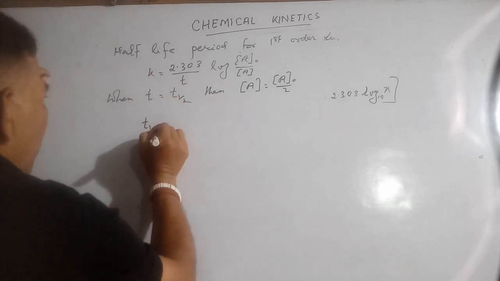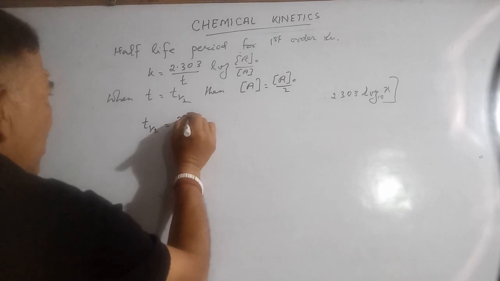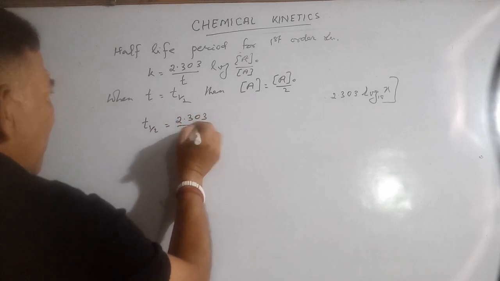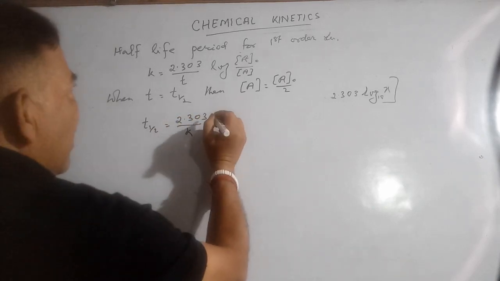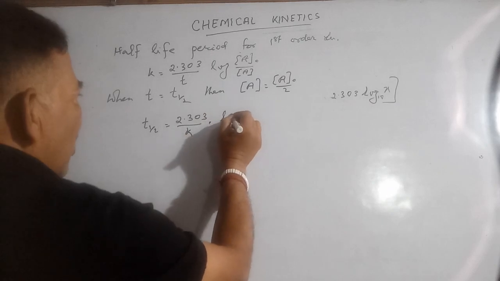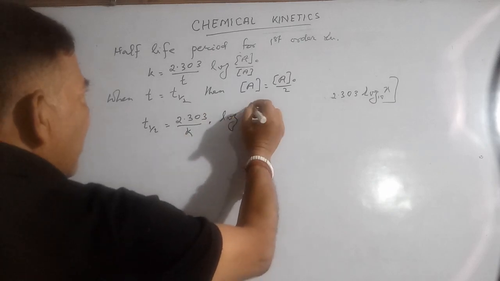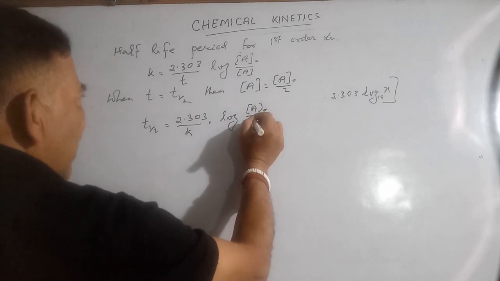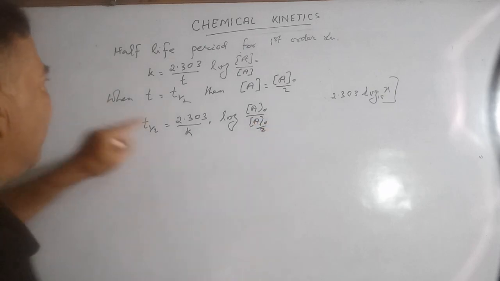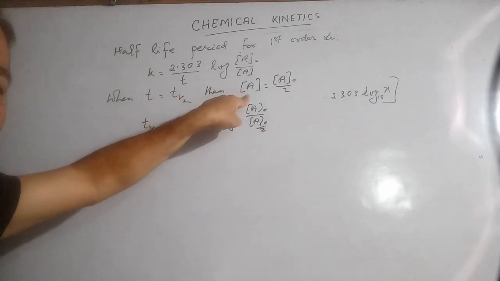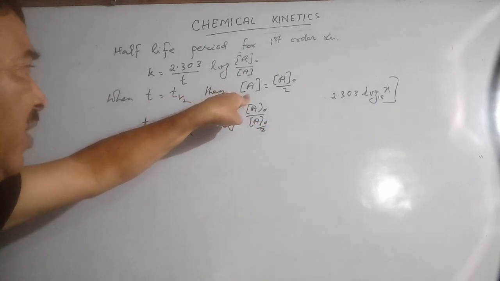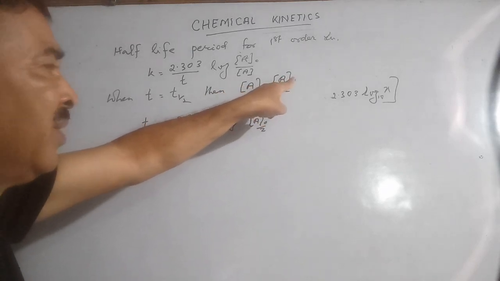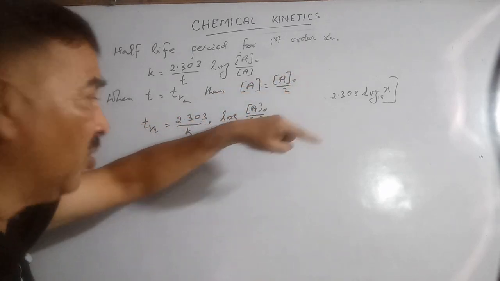So t half is equal to 2.303 by k into log [A]0 by [A], concentration of A is equal to [A]0 by 2.